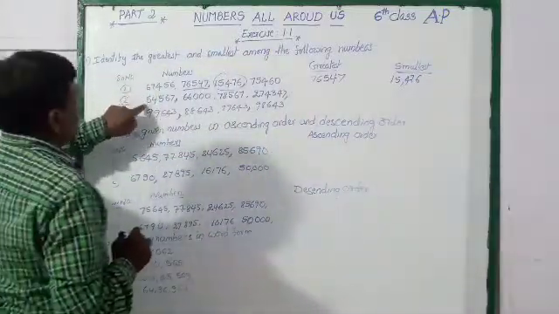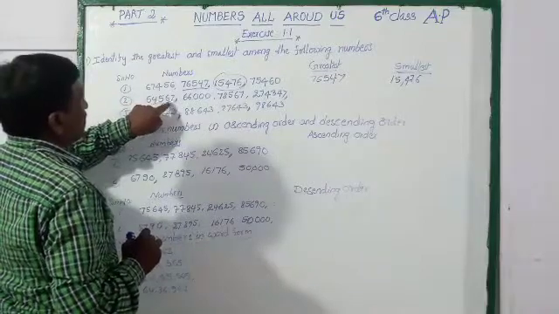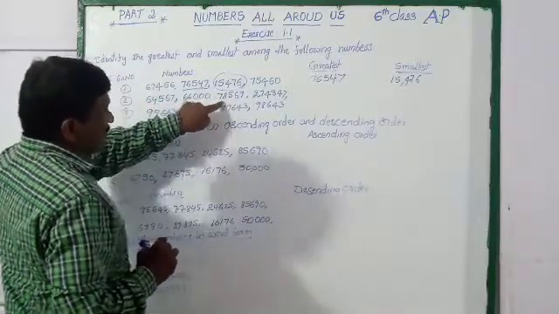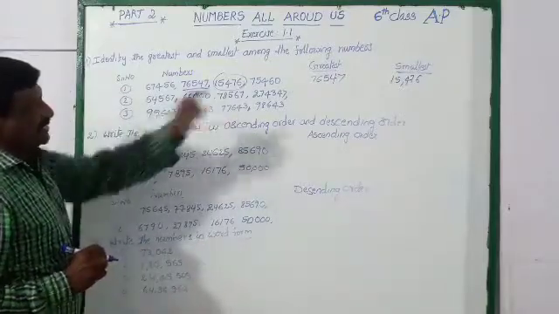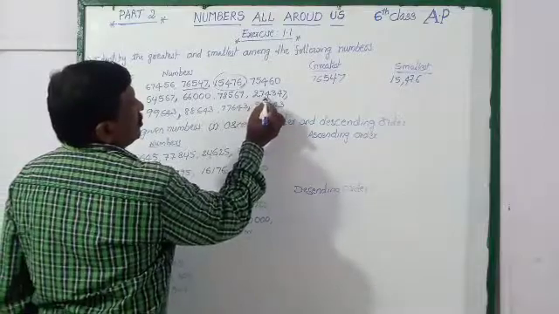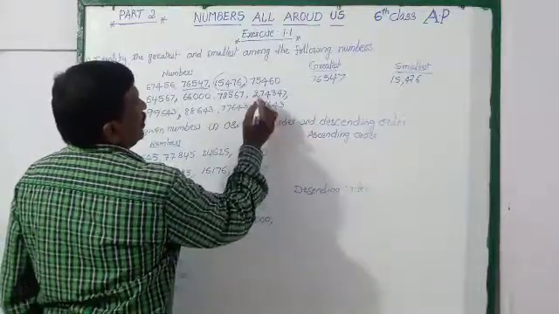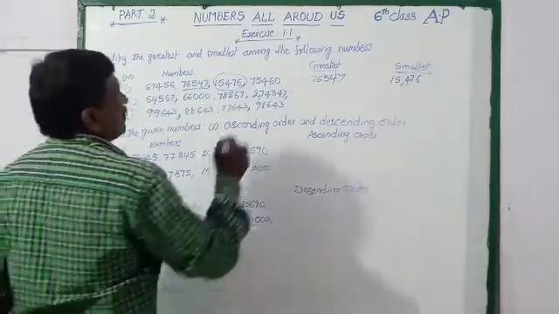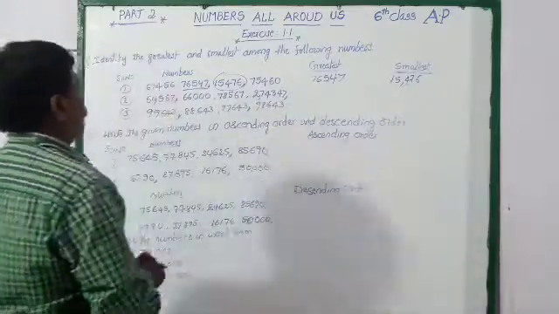Next row: 64,567, 66,000, 8,567, 27,000, 2,74,347.